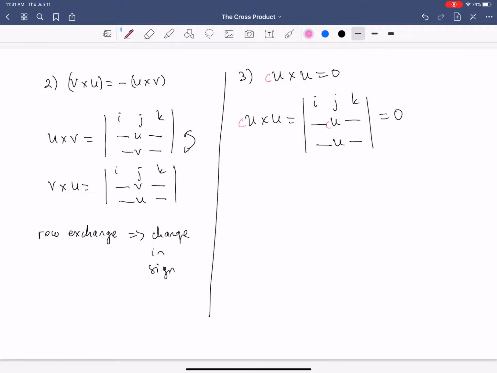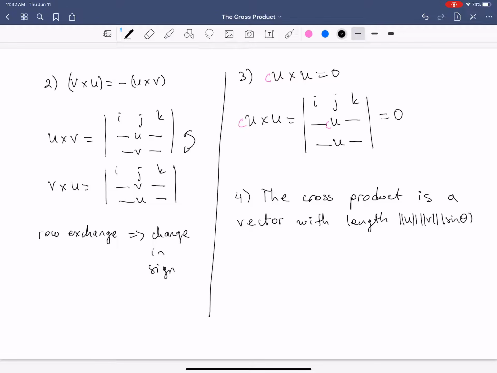We also have one more property to say about the cross product, which I will write and maybe end it there. The cross product is a vector with length |u| |v| times the absolute value of the sine of the angle between the vectors u and v.